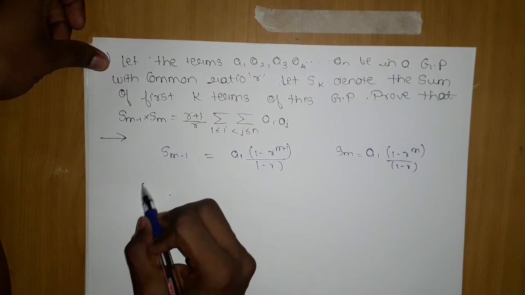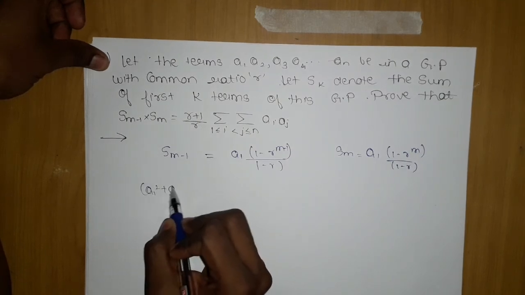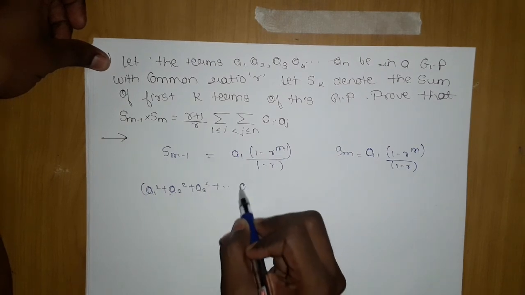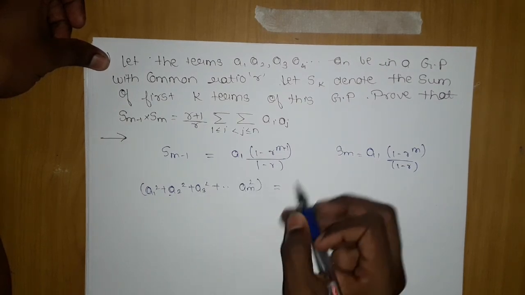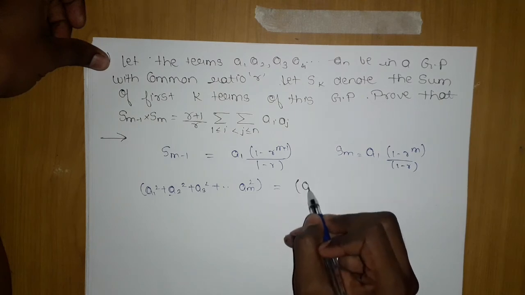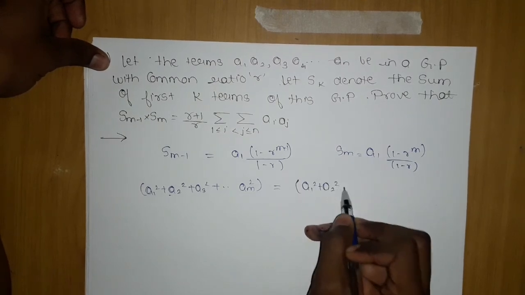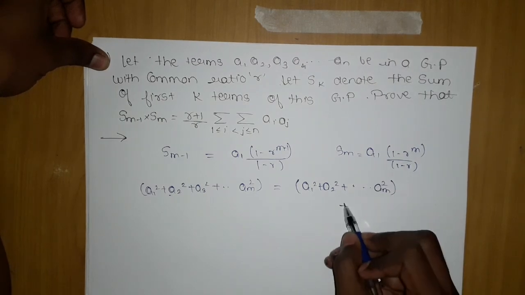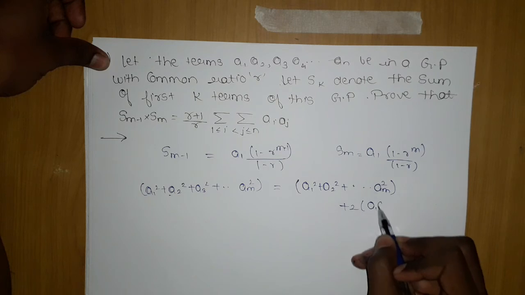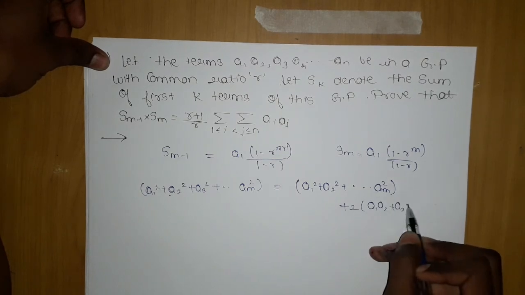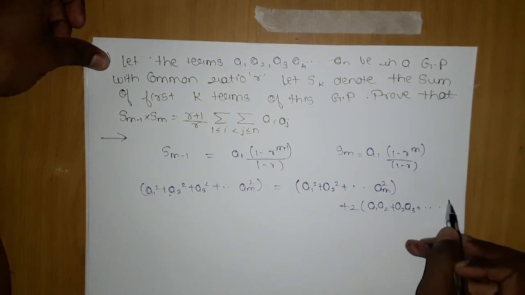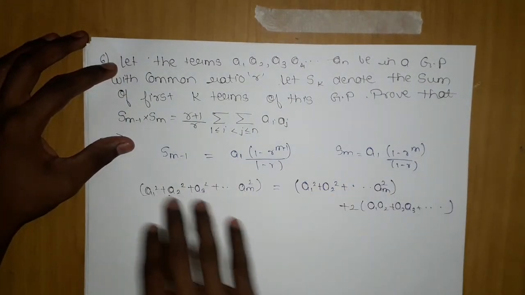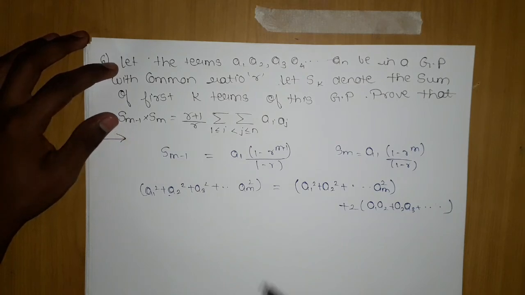If we write a1 square plus a2 square plus till am square, this is nothing but the shortcut, the alternative approach, and then it will be nothing but twice a1 a2, a2 a3 and so on. So we write it by the alternate approach. I told you that you need to keep in mind both the things.